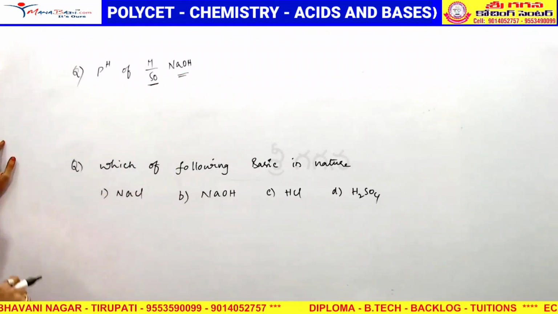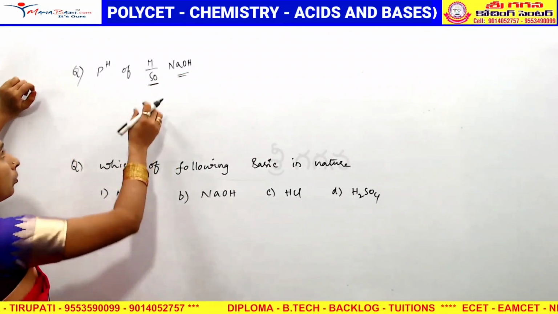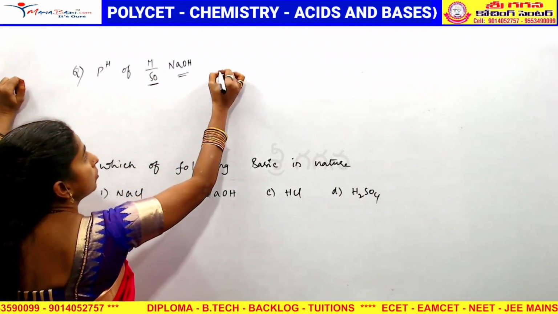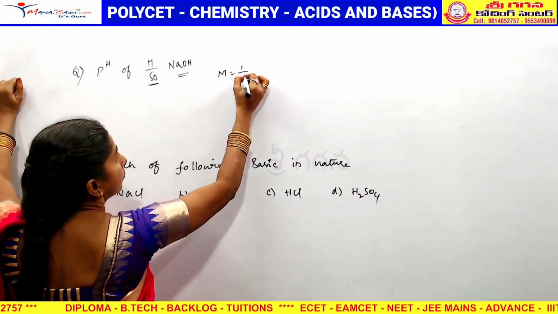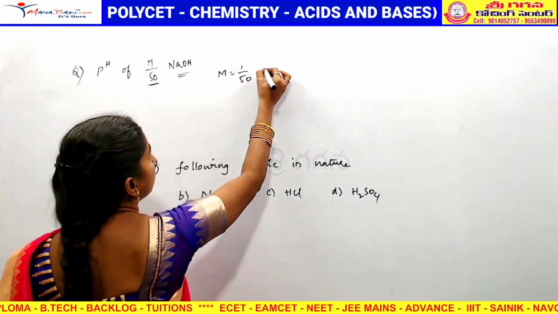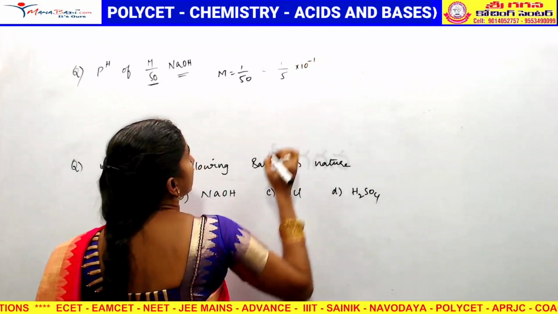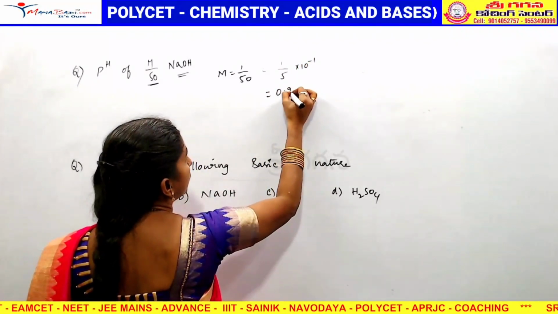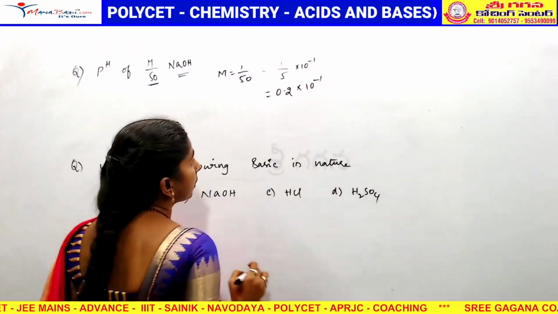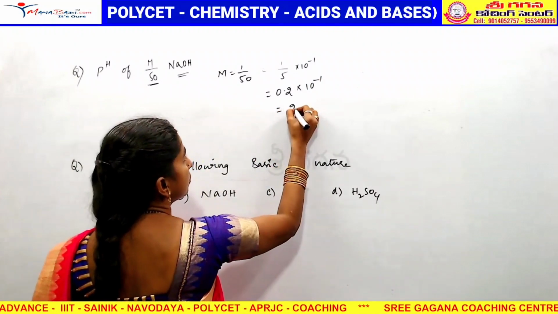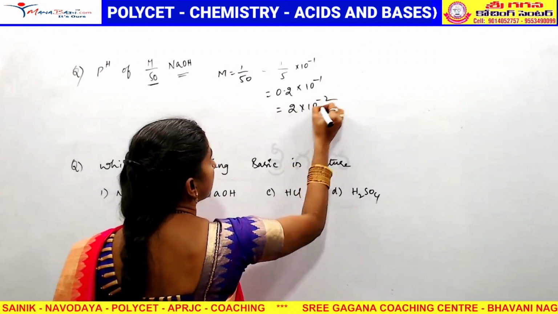NaOH, M by 15. What is meant by M by 15? Molarity is equal to 1 by 50. What is meant by 1 by 50? 1 by 5 into 10 power minus 1, which means 0.2 into 10 power minus 1, is equal to 2 into 10 power minus 2.